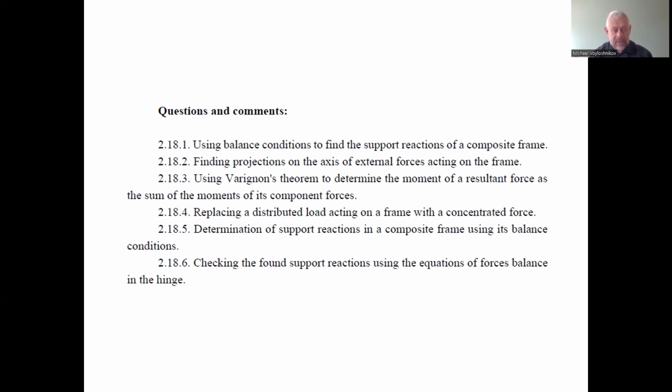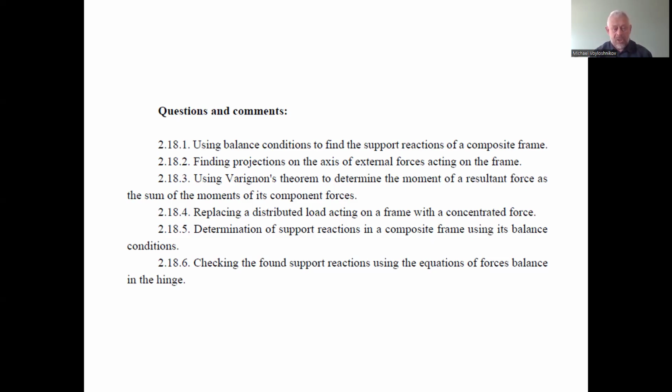So the force is equal to 1/2 of the product of the maximal magnitude of the triangle distribution of force by the length of the segment of distribution of the force.